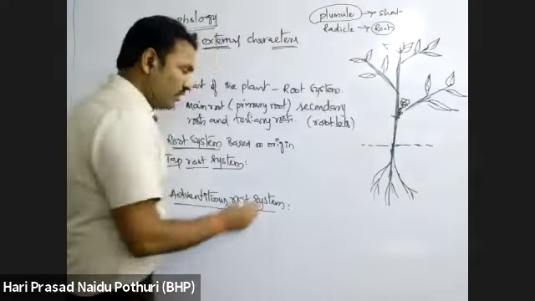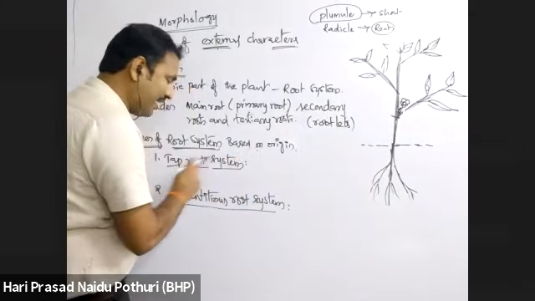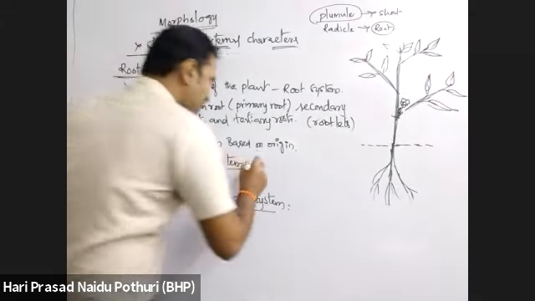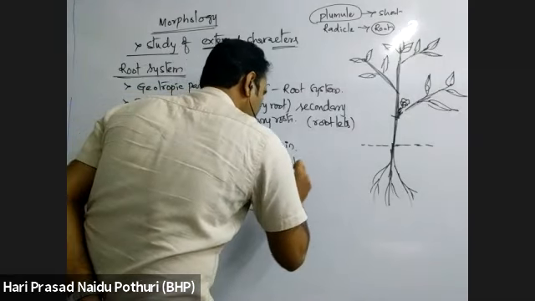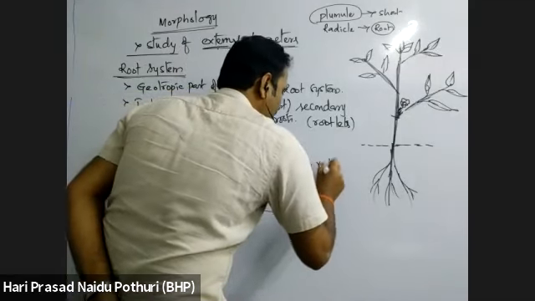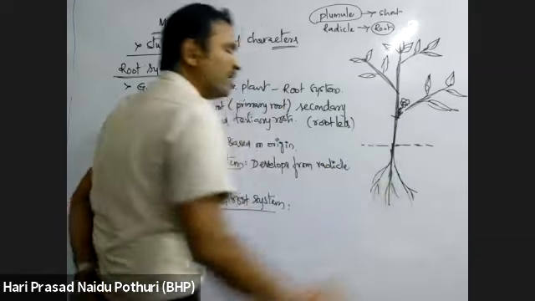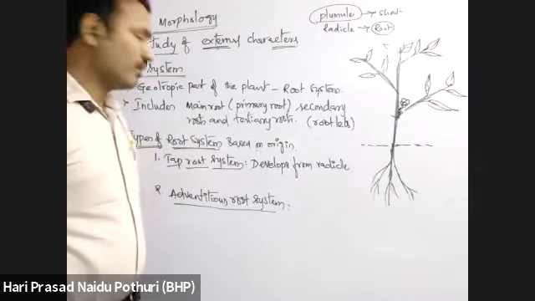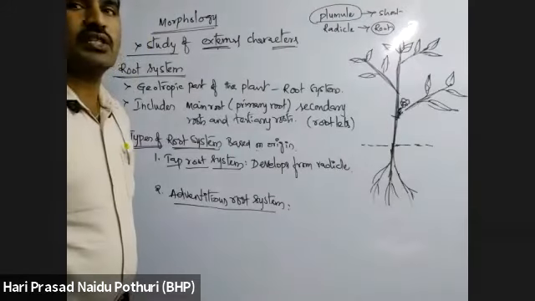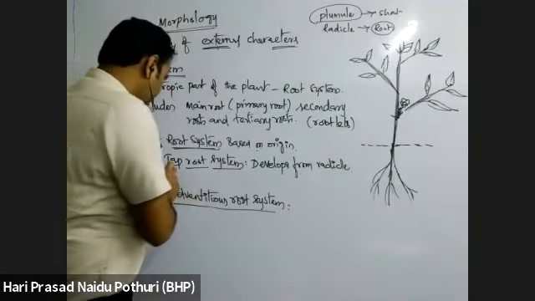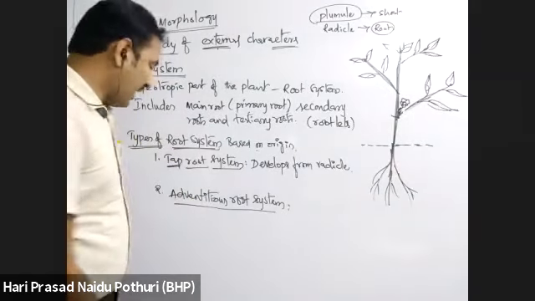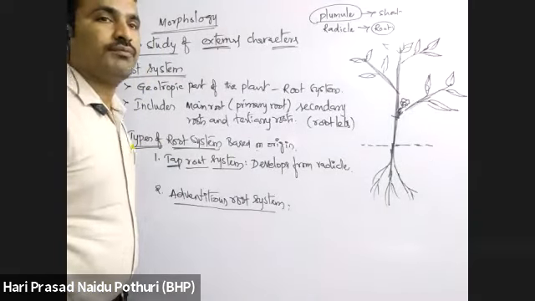So the root which develops from the radicle is called the taproot system. The root system which develops from the radicle is called the taproot system. Okay. Here, what is the adventitious root system?